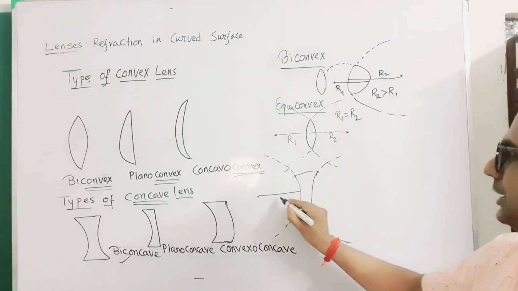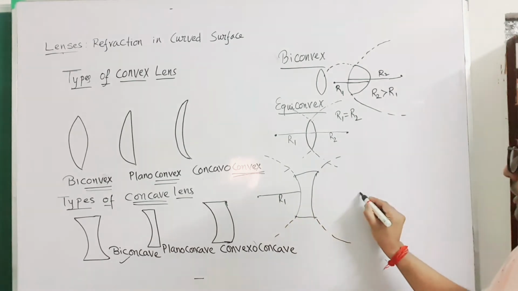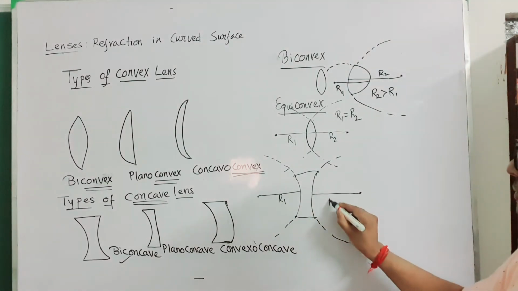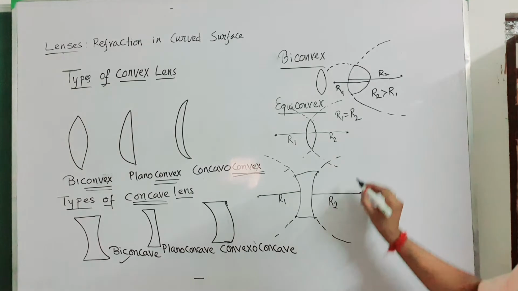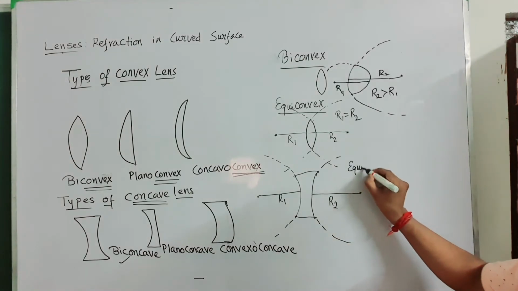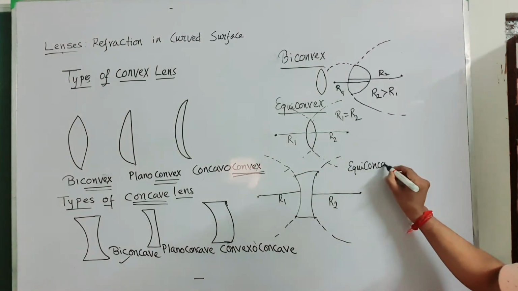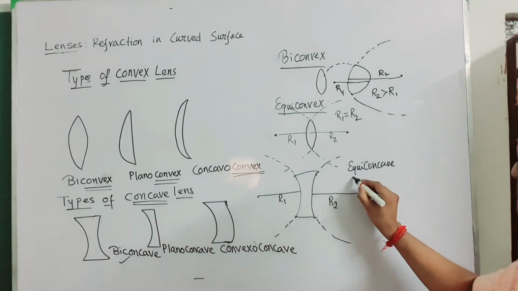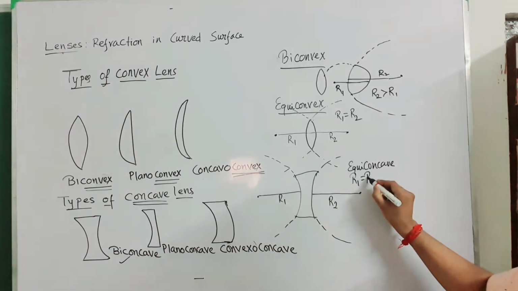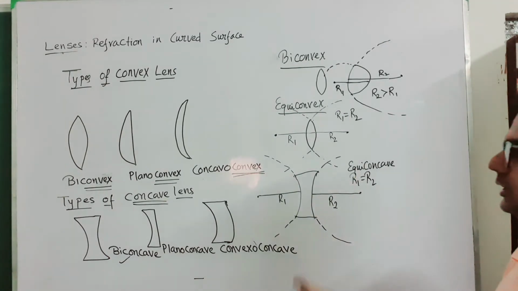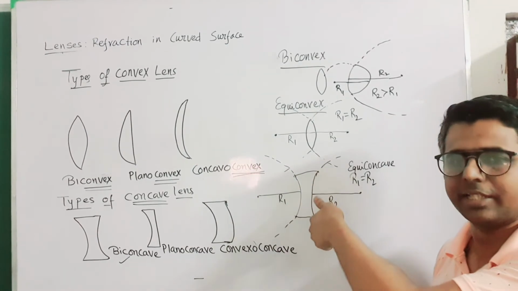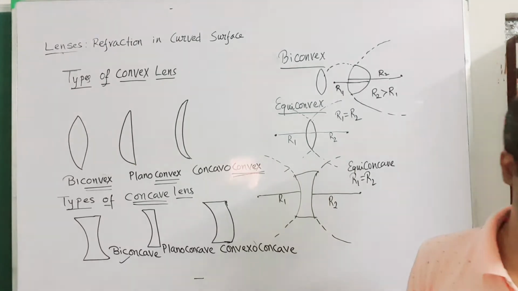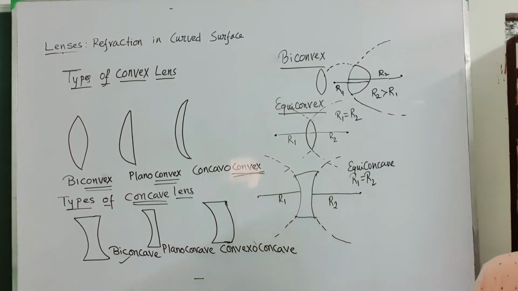So this will be its R1 and this will be its R2. In case of equiconcave, both the concavity is the same, so basically R1 is equal to R2. That is, the spheres out of which these two surfaces are taken have the same radius or same diameter. Okay.